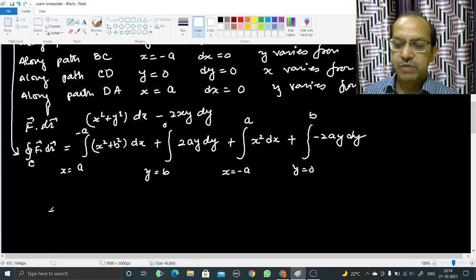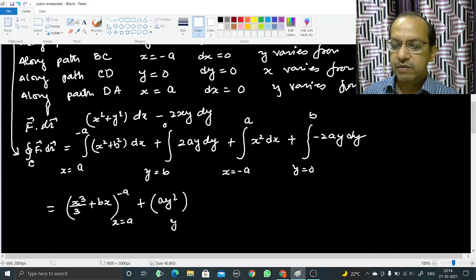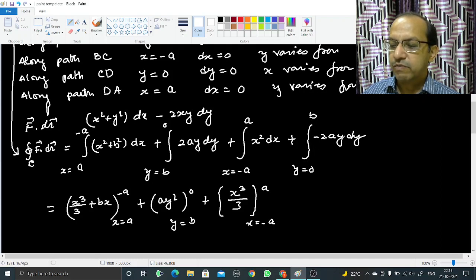So it is x square plus b square. Integrating with respect to x, it will become x cube by 3 plus bx, where x equals a to minus a, plus 2ay. Integrating with respect to y, it will become ay square, where y equals b to 0, plus integrating with respect to x, x cube by 3, where x equals minus a to a, then 2ay, or y square by 2.